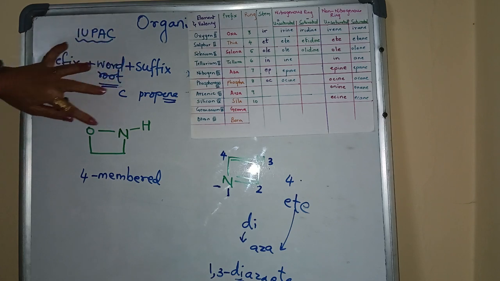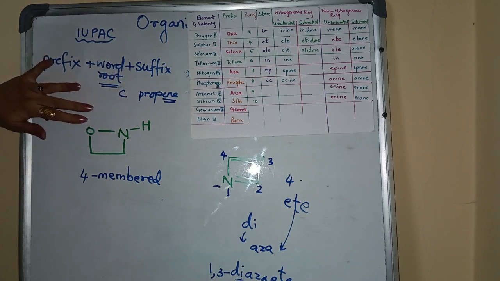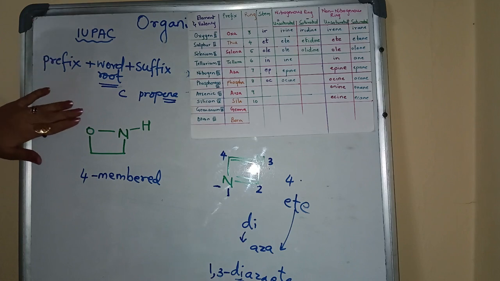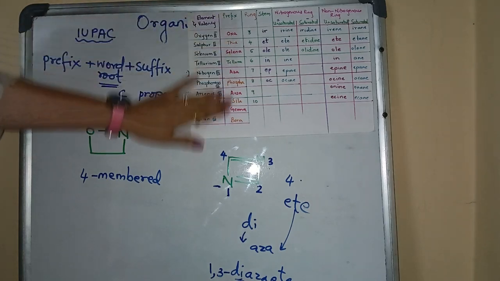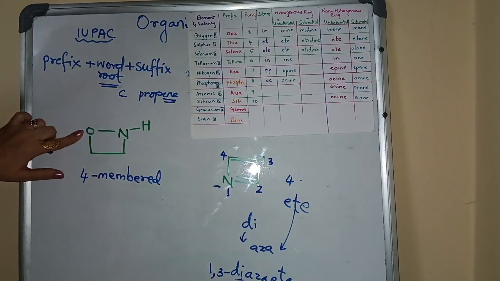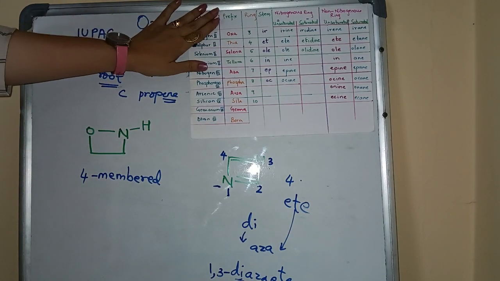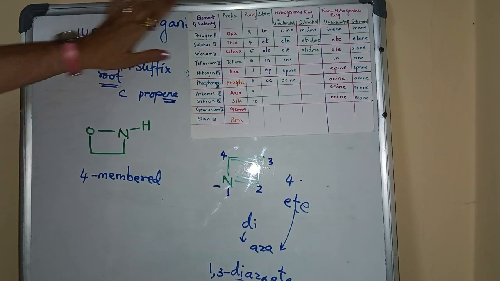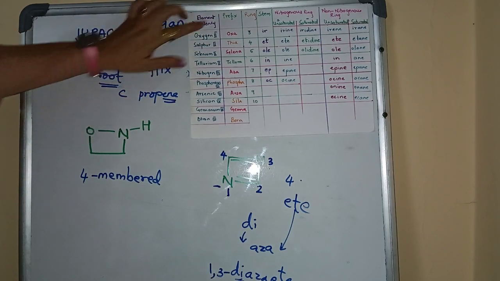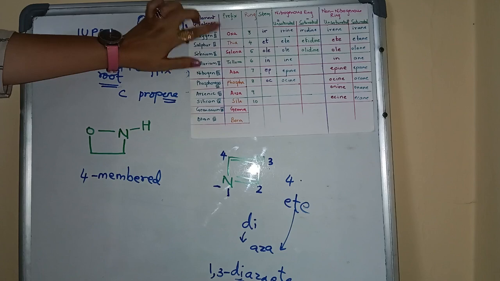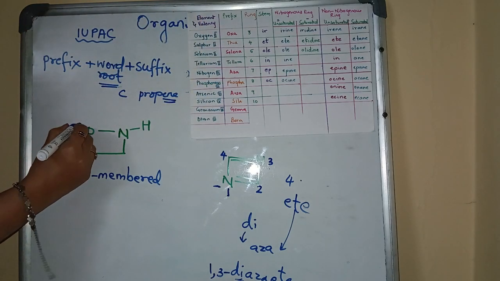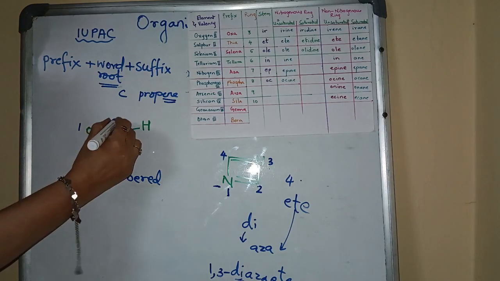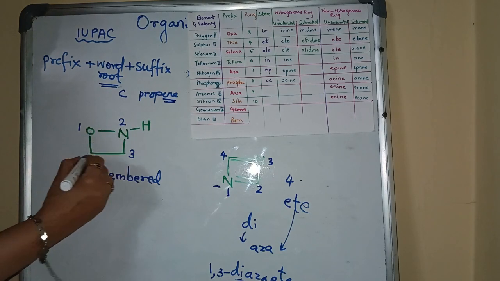The numbering of heteroatoms depends on priority order. In the Hantzsch-Widman table, if oxygen comes at the top and nitrogen comes next, numbering will be done from oxygen to nitrogen. You will get oxygen as number 1 and nitrogen as number 2.